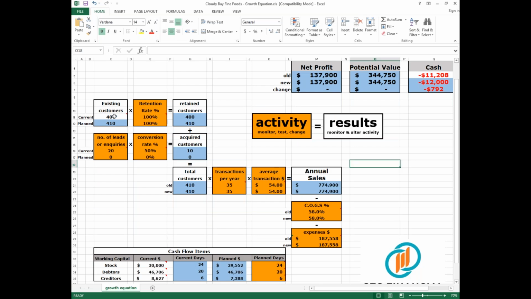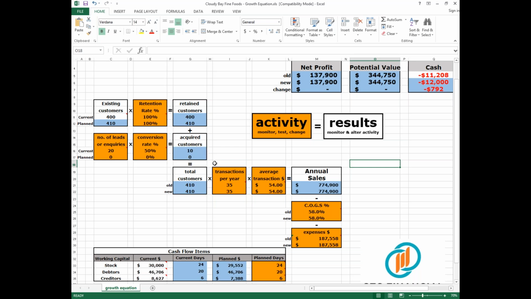You can see Nigella had, at the end of that year, 400 customers. She provides really good customer service and has kept them all. She's got 400 retained customers. During that year, she had 20 leads or inquiries coming in. She only converted 50% of them, or 10 of them, into new customers.